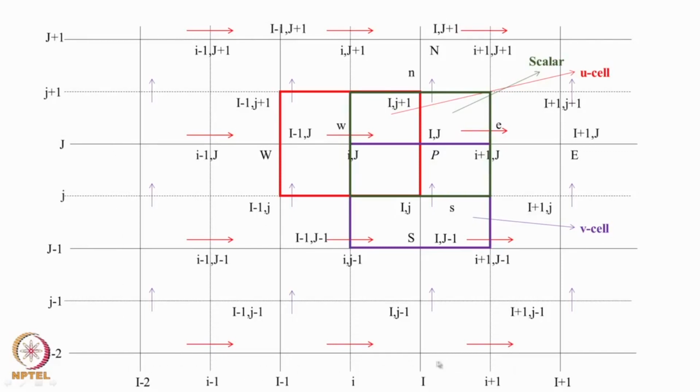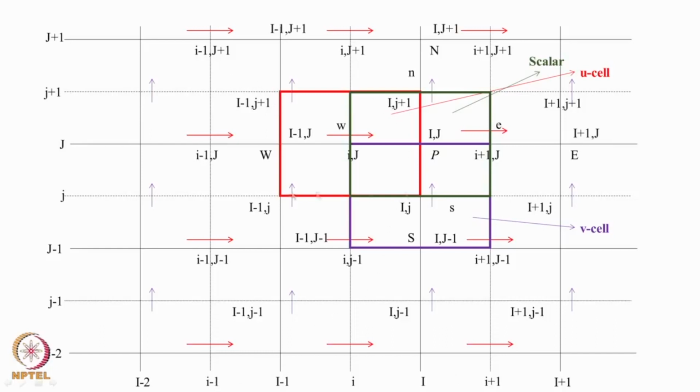So, in the x direction all the thick vertical lines are marked with capital letters, in this case I minus 1 and I plus 1. All the intermediate lines are marked with a small case letter i, and i plus 1 and i minus 1.